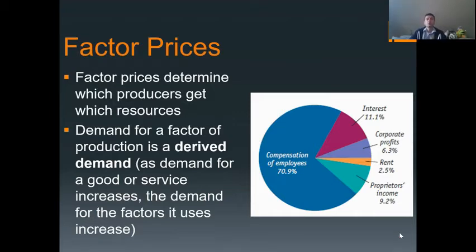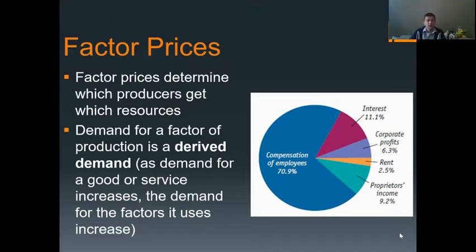And something to remember is that demand for a factor of production is known as derived demand, which is a fancy term to just say that demand for a good or service helps determine the demand for the factors that it uses, which makes a whole lot of sense. If demand for hamburgers goes up, then demand for the things that make hamburgers goes up. It just makes sense. It's simple cause and effect there.